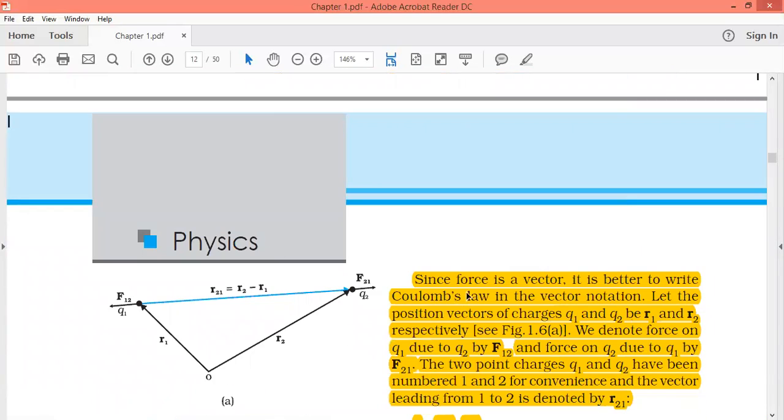Okay, since the force is a vector, it is better to write Coulomb's law in vector notation.